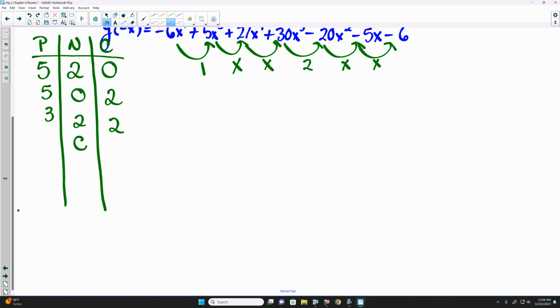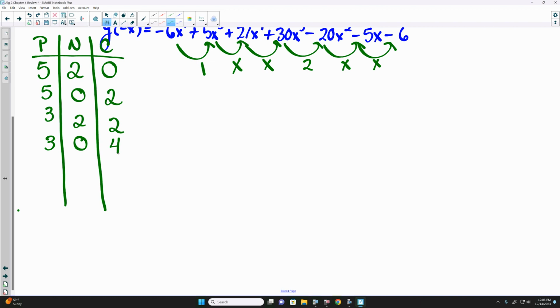Now this, we can take 2 away from the negatives again, giving us 0. And that we have 3 positives and 0 negatives, which gives us how many solutions? 3. How many are we missing? 4. So our next option is that we have 3 positive, 0 negative, and 4 complex.